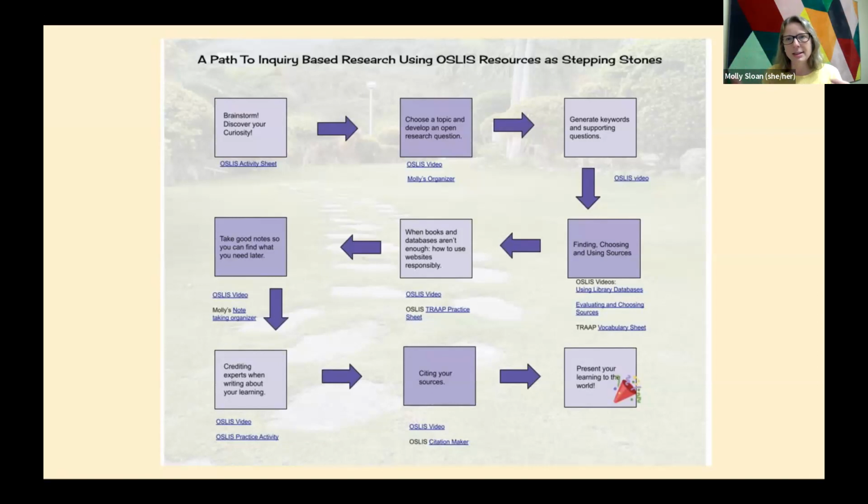The links underneath are either to a video or to an activity sheet. We're in the process of getting all the activity sheets up onto the OSLIS page. So when you watch that video about choosing a topic, you can go right to this organizer that helps your kids organize their thoughts about it. If they're not there yet, I have the links for you here and you can access them this way. So it's like a sneak peek.